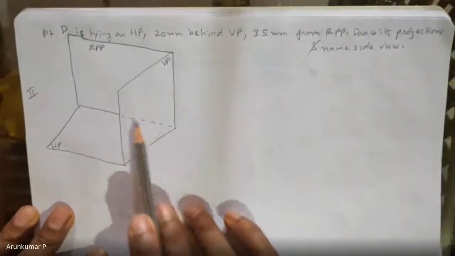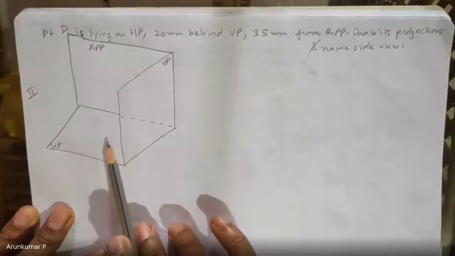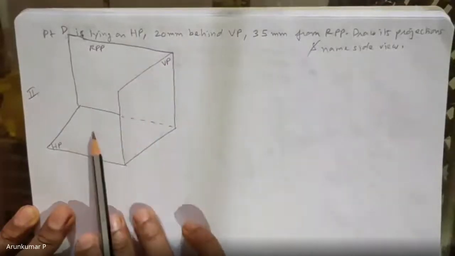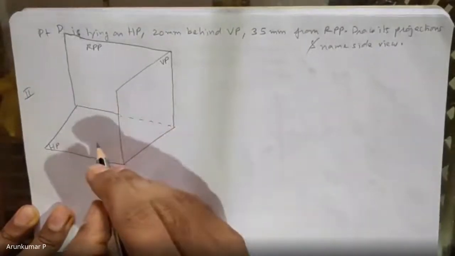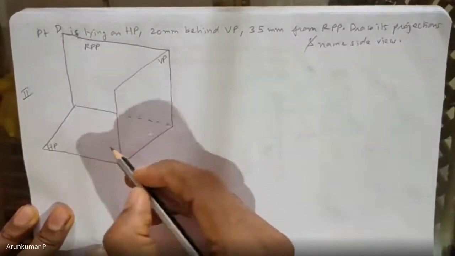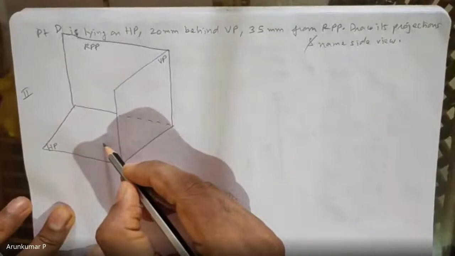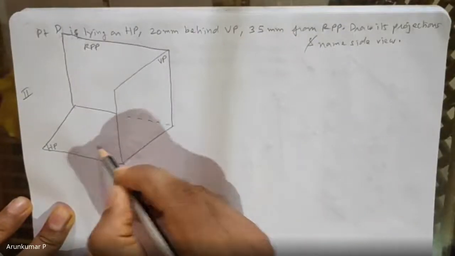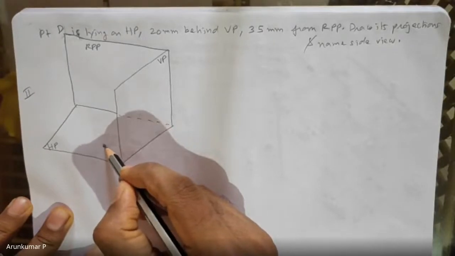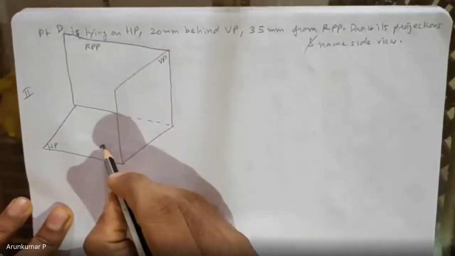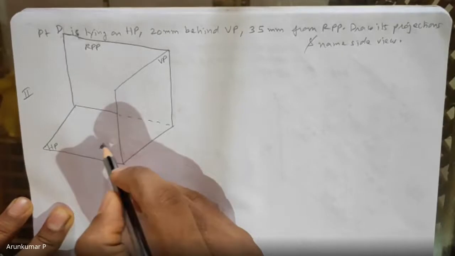So it is on the horizontal plane, 20 mm behind and 35 mm from RPP. So I say that the point is somewhere here. This is the point D.